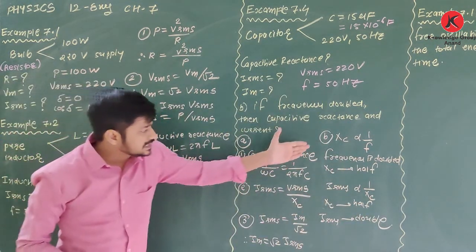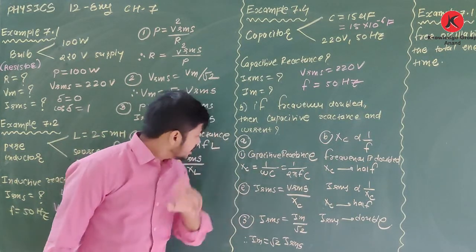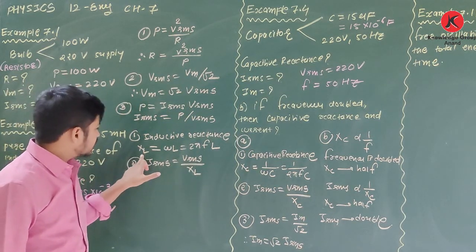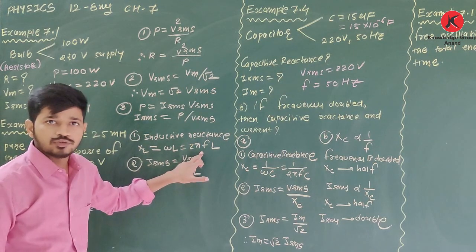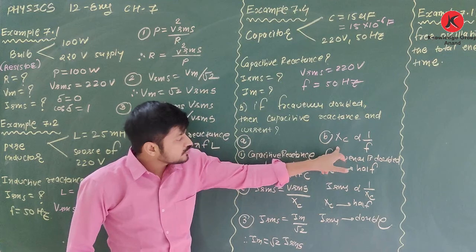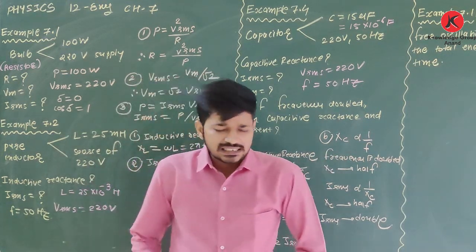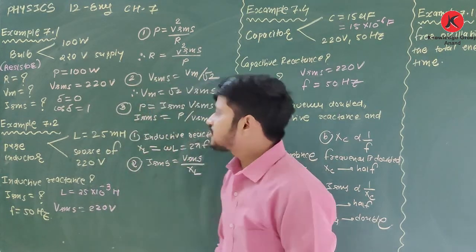In case of inductor, XL is directly proportional to F, means inductive reactance is directly proportional to frequency. But capacitive reactance is inversely proportional to frequency. Clear?